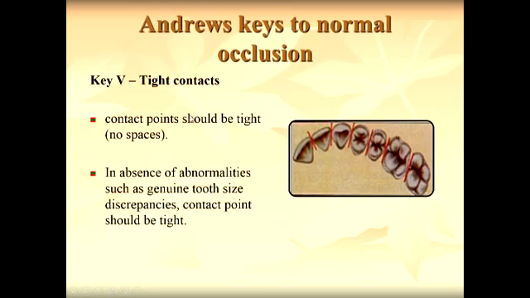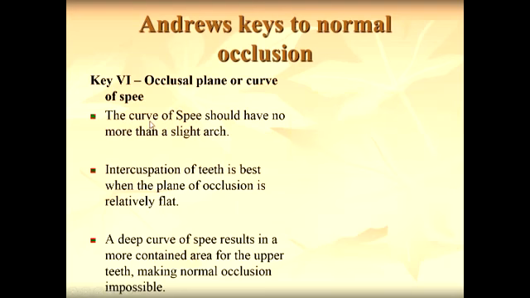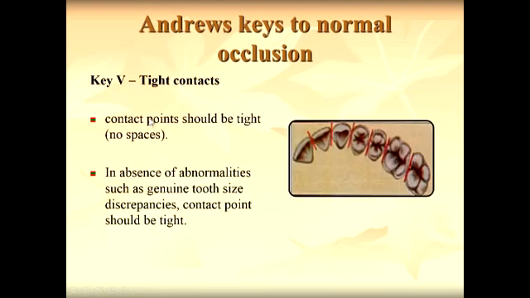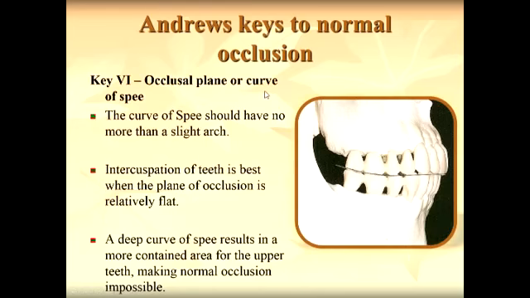Also Andrews says that the contact points should be tight, with no spaces, in the absence of anomalies such as genuine tooth-size discrepancies. There is no spacing between the teeth.